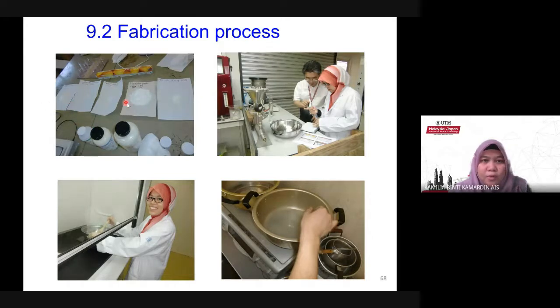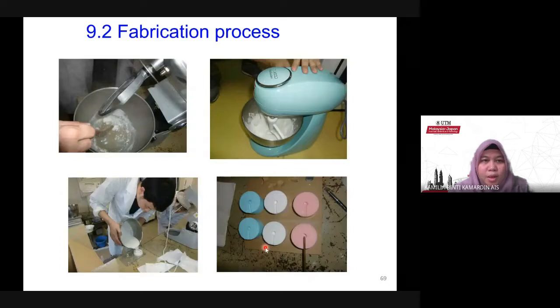Okay, so these are the photos of what we did at our laboratory. So we have the chemicals prepared and weighed. And then we will mix the solution, the chemicals, and also use the induction cooker to heat it. And we have the mixer to make sure it mixes well.